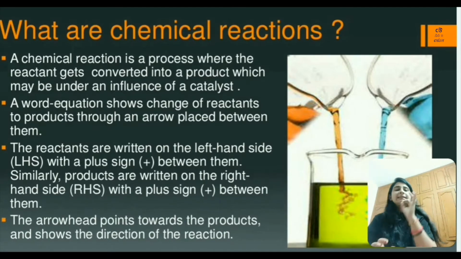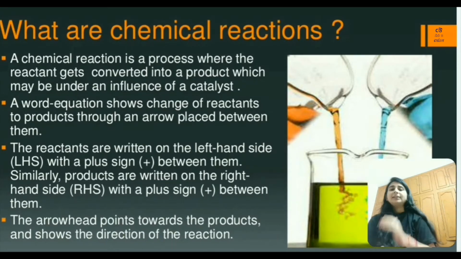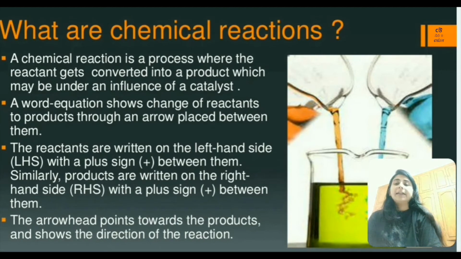Throughout the world, the same symbols are being used so that there is never any confusion. The next statement says reactants are written on the left hand side with a plus sign between them. Similarly, products are written on the right hand side with a plus sign between them.